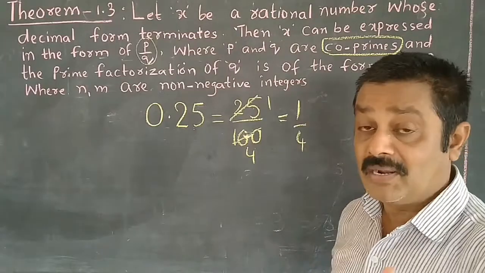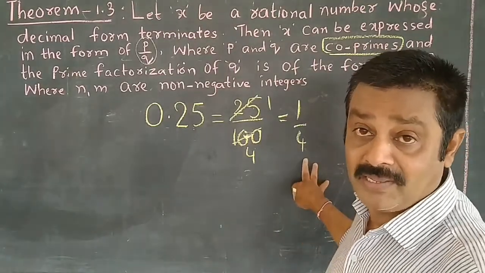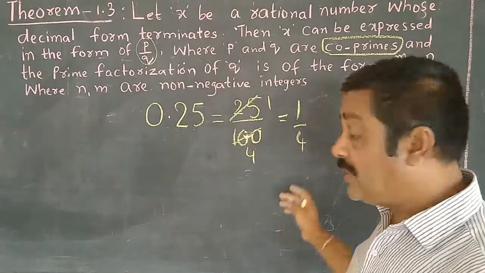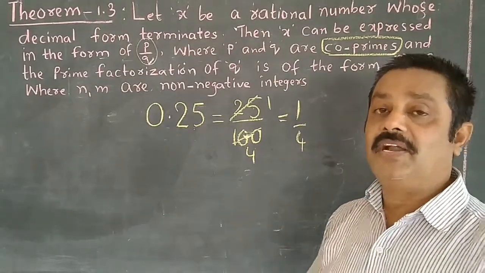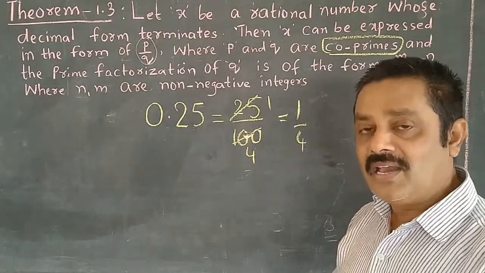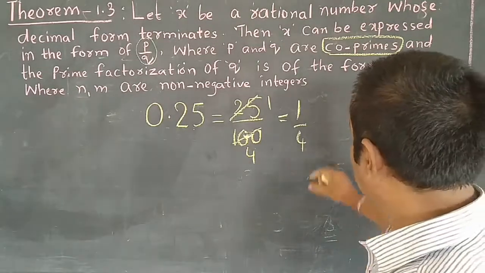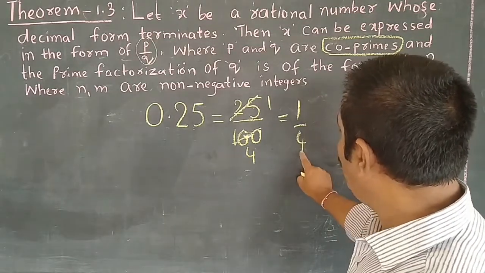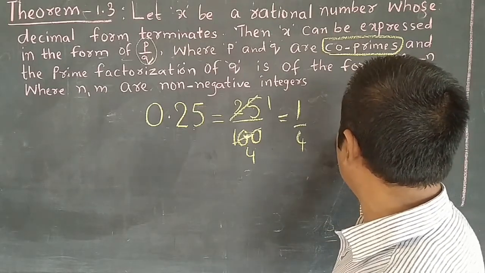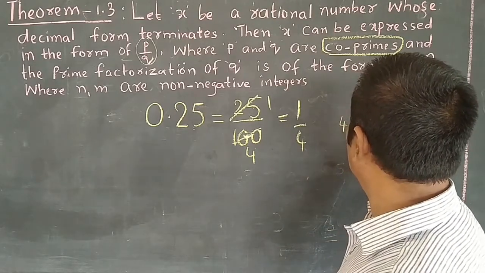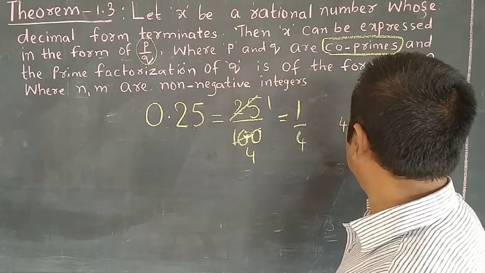Co-primes means the number need not be a prime number, whether it is prime or not, but these two numbers have no common factor other than 1. They are called co-primes. Now this is p and this is q. What about q? If you write in prime factorization method, 4 we can write as 2 to the power of 2.